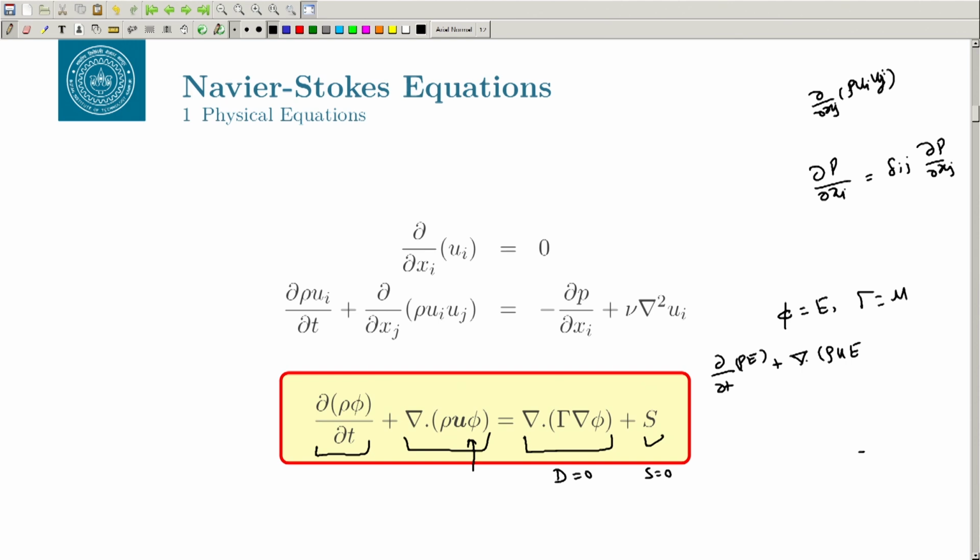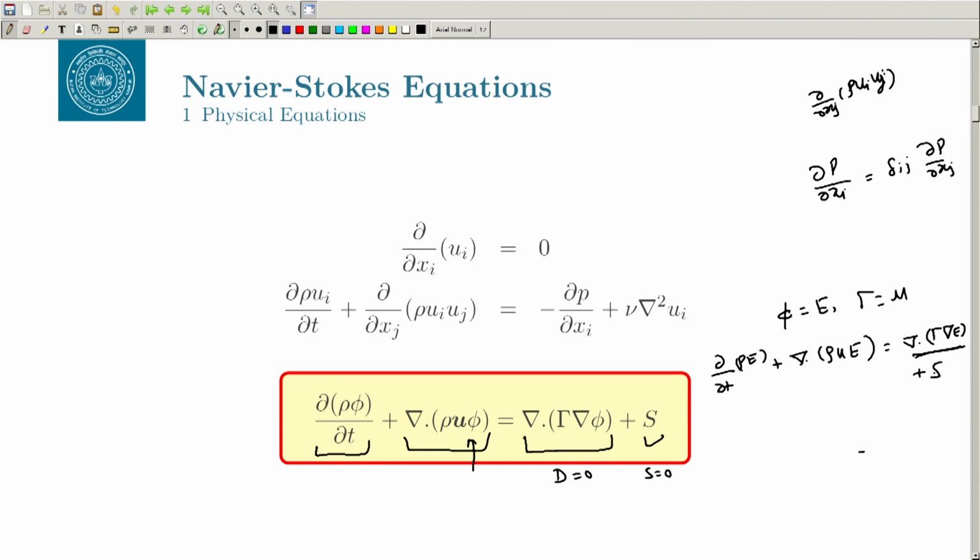So, you can basically club them together. So, this will become del dot rho u E is equal to del dot gamma del E, and this is the work done due to stress, plus the source term. The source term of course will vary between your energy conservation, mass conservation and momentum conservation.